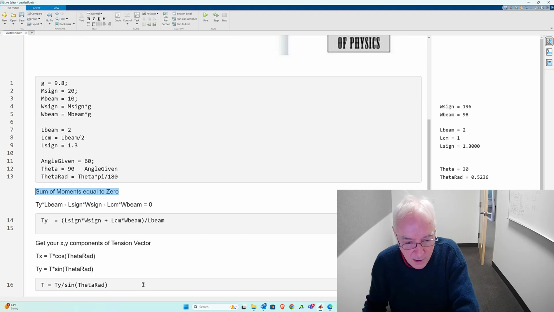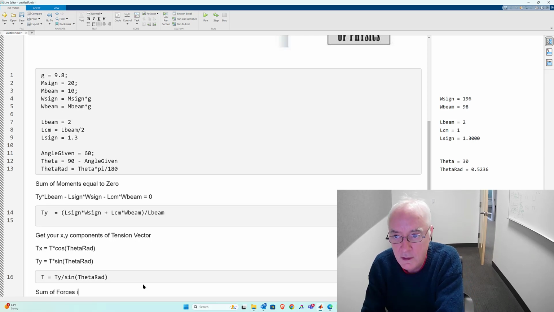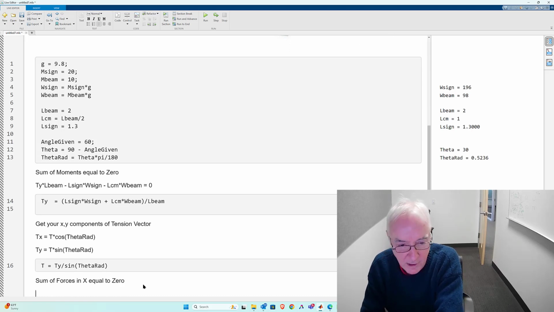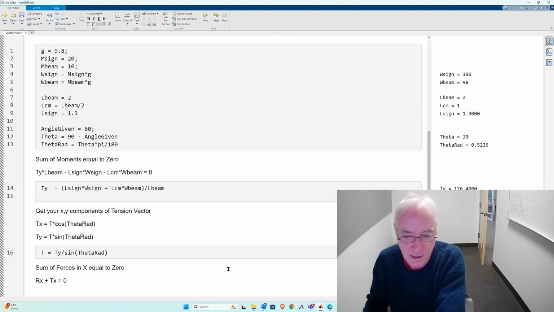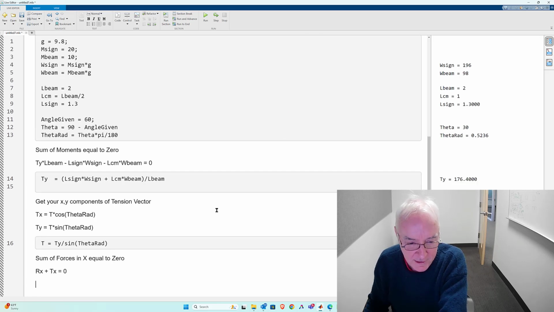So from sum of forces in x equal to 0, we get basically, I'll call it Rx, the reaction force, plus Tx is equal to 0. We can see that Rx is going to be the positive one because that tension is pulling the beam towards it. So we'll probably address a little bit of a sign issue as we get into this.